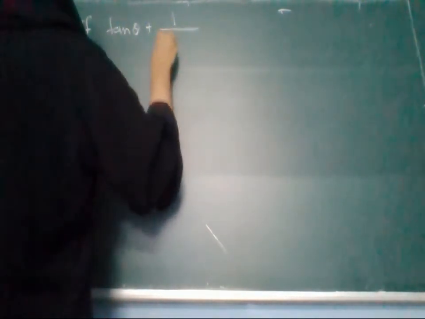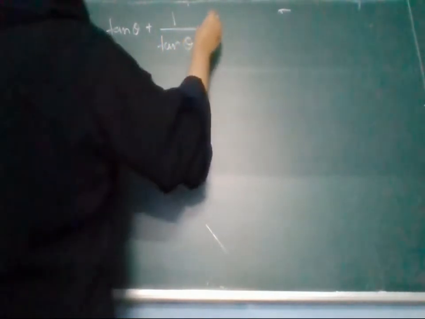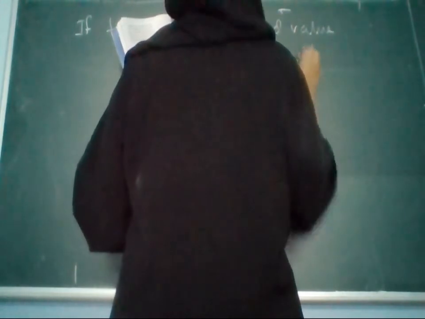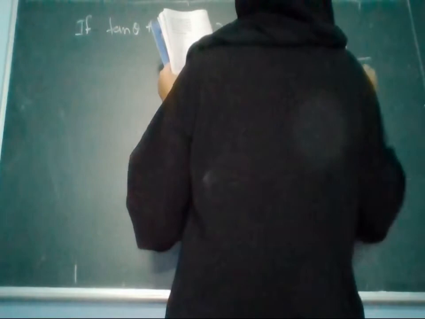So the problem is: if tan theta plus 1 upon tan theta is equal to 2, then find the value of tan square theta plus 1 upon tan square theta.